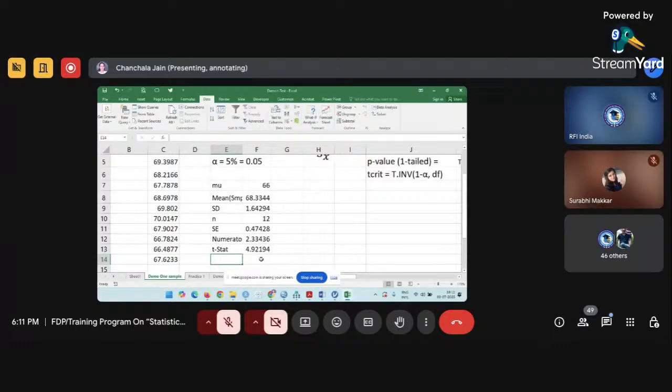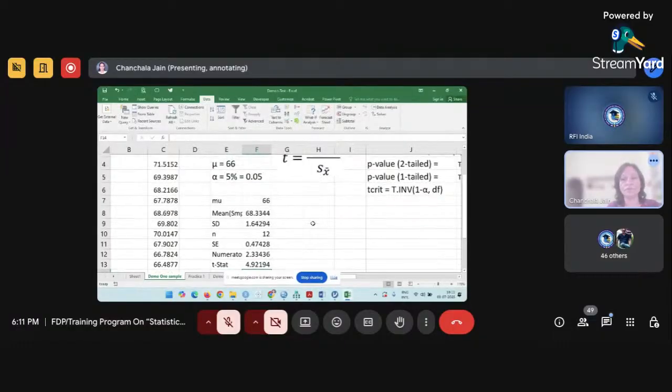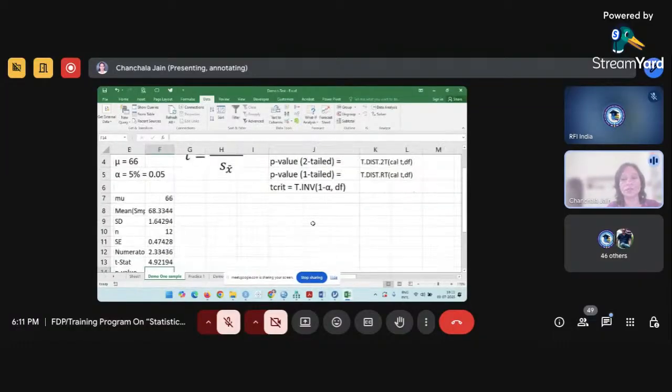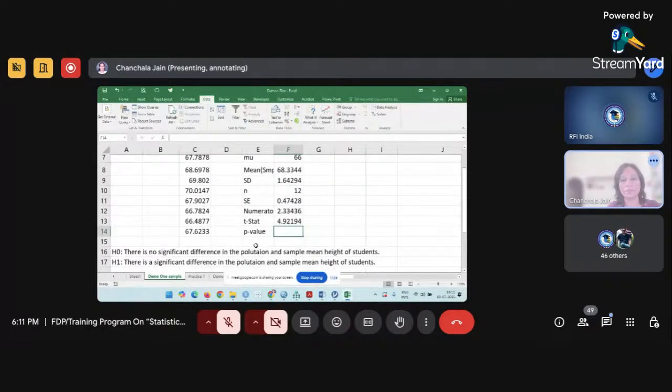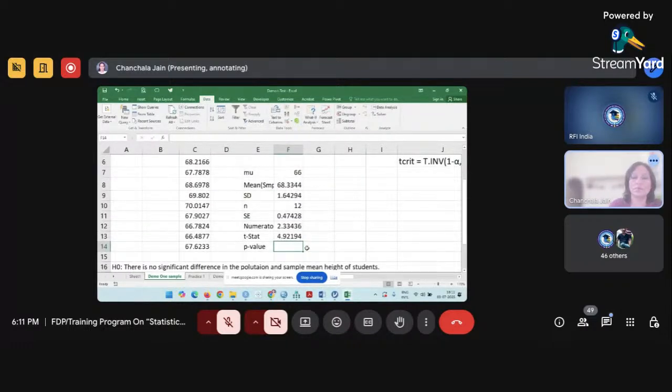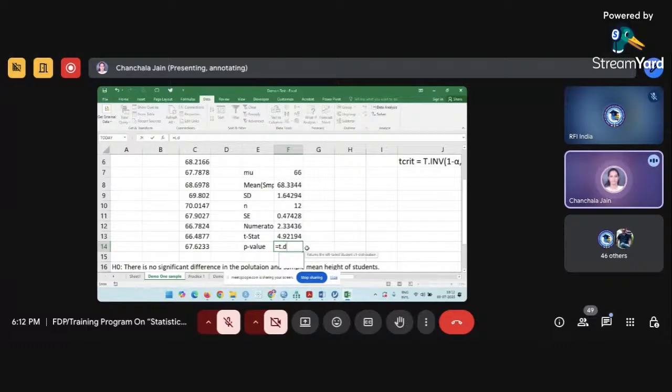Now we need to calculate the P value. Shall I proceed? Yes, ma'am. So I'm using T.DIST.2T. Right?